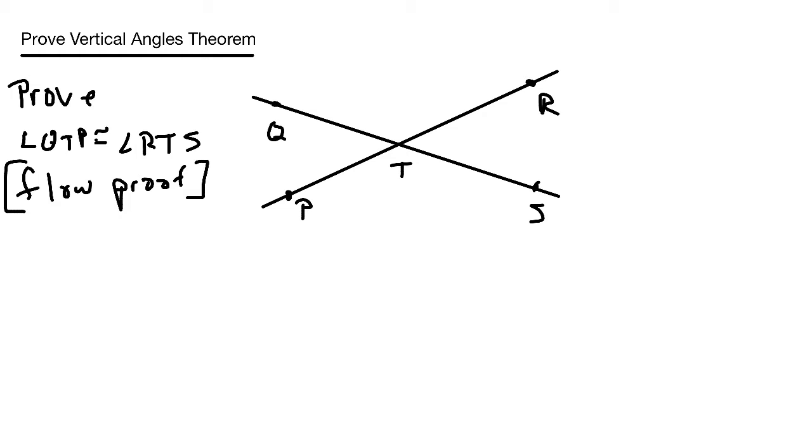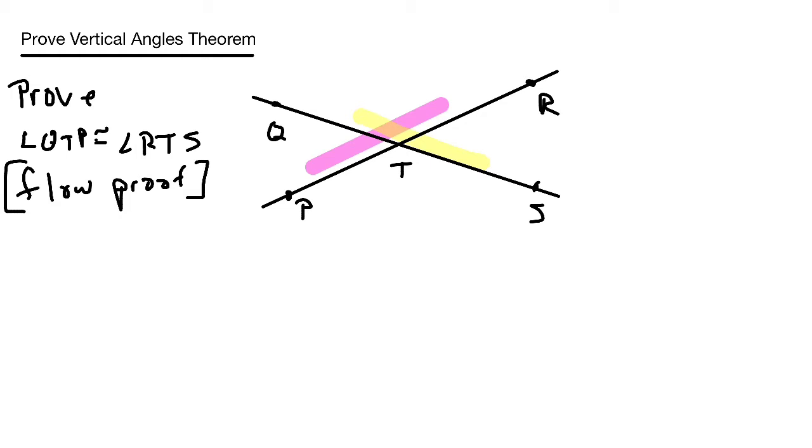Here's my plan real quick. I'm going to show, first of all, that QTP and QTR form a linear pair. And then I'm going to show that QTR and RTS form a linear pair.